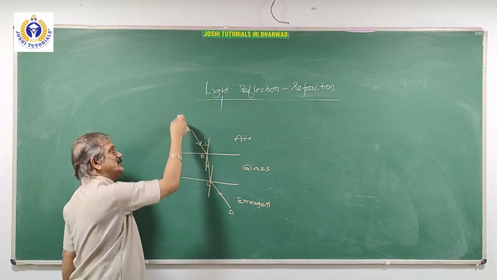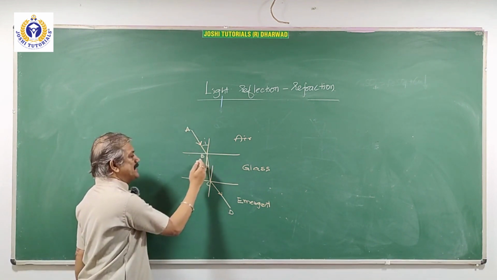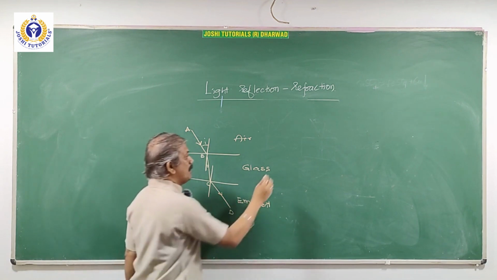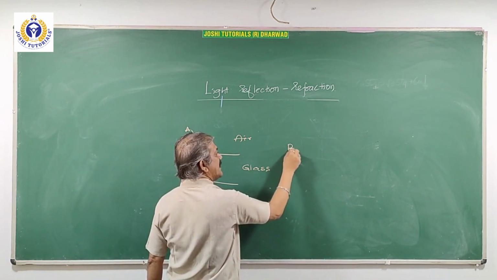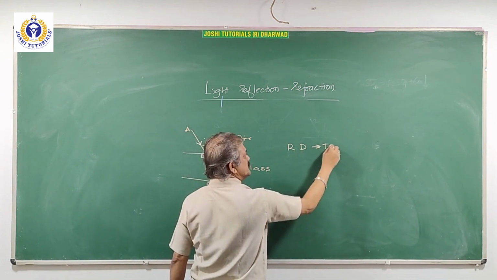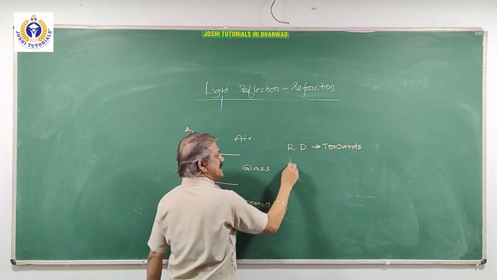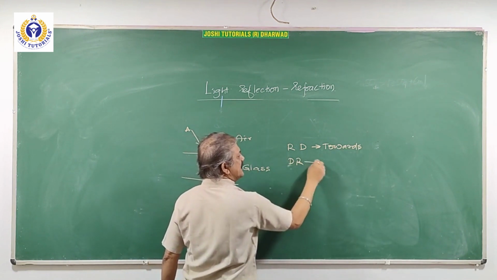When a ray of light travels from air medium to glass medium, it bends towards the normal. Always remember, rarer to denser, it is towards. Denser to rarer, it is away.